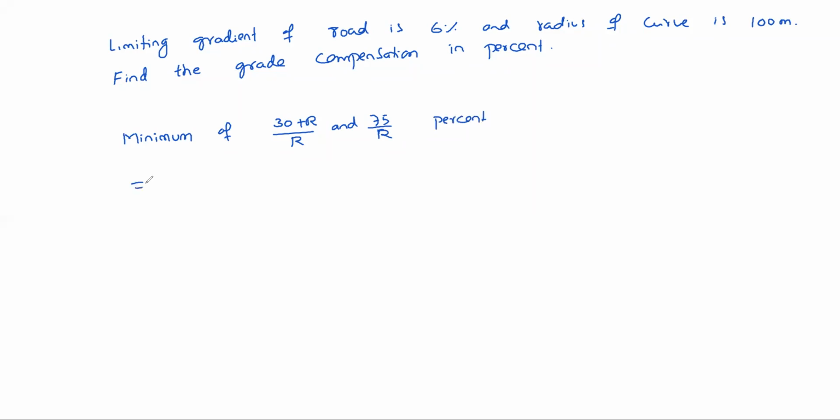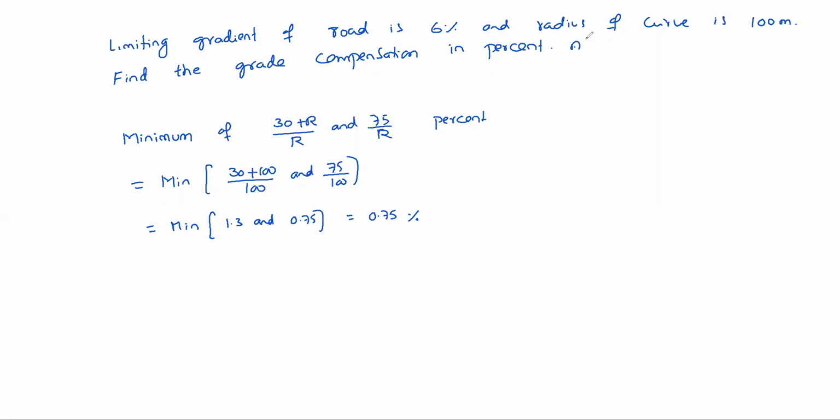That equals the minimum of (30 plus 100) by 100 and 75 by 100. That equals the minimum of 130 by 100, that is 1.3, and 0.75. That equals 0.75%. So this is the grade compensation in percent.